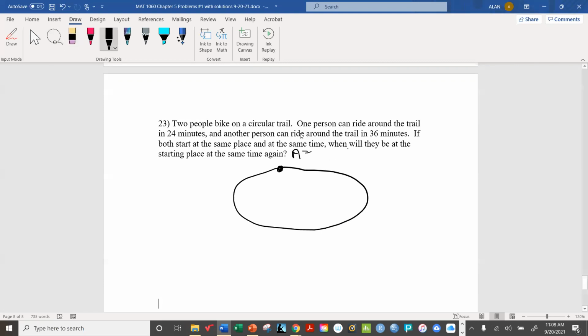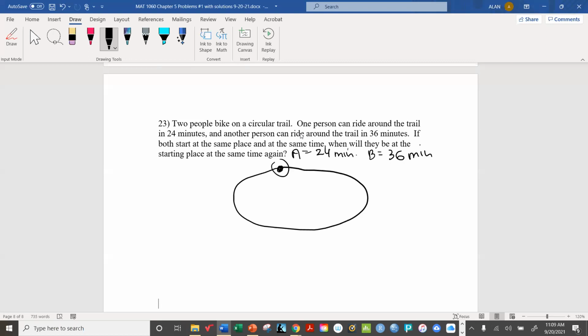It's going to take them 36 minutes to get around the track. So if they start together here, imagine them making the following agreement. Okay, we'll start riding. Now, obviously, A is going to get ahead of B very quickly. So they agree that when they meet up again, they'll have lunch. Okay. So when is that going to happen?